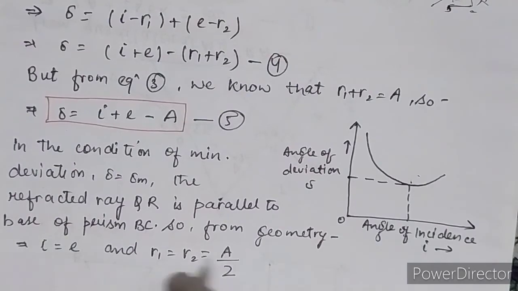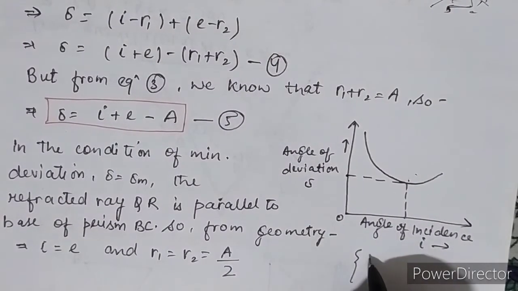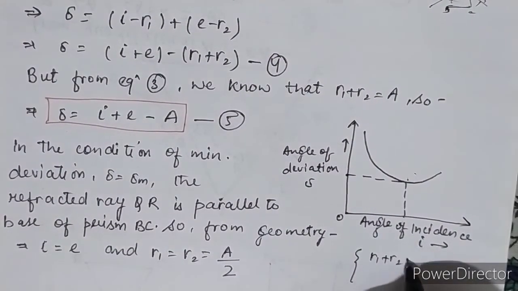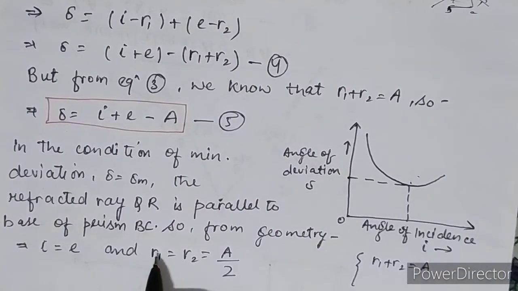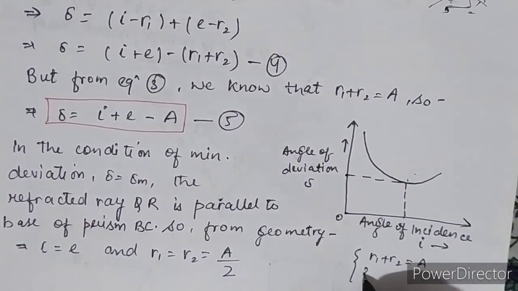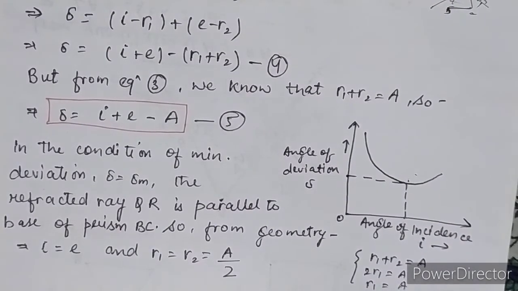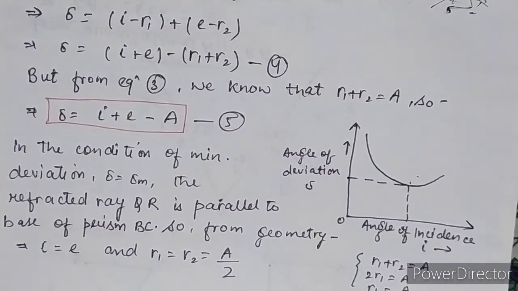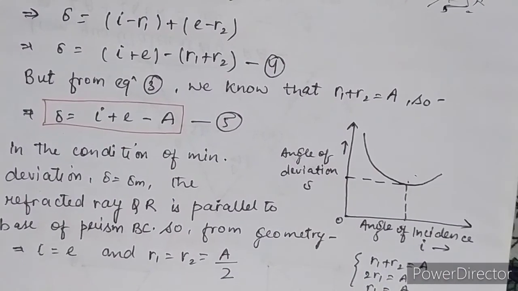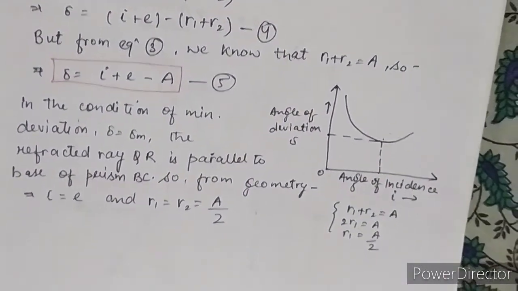Okay, how will this happen, beta? Here I am doing it with the relation R1 plus R2 is equal to A. If R1 and R2 are both equal, it will be 2 R1 is equal to A, and R1 is equal to A by 2. So from here we are taking it down. Clear?